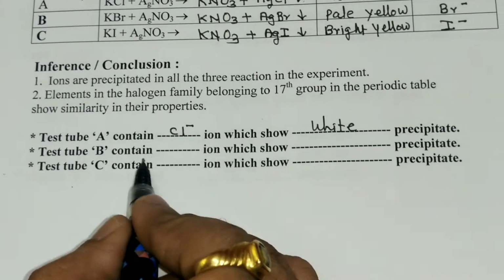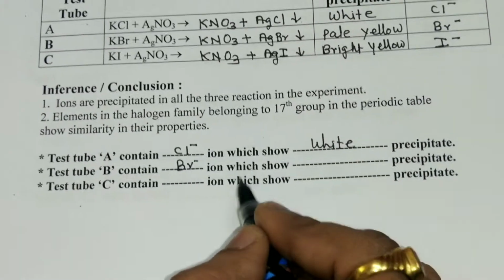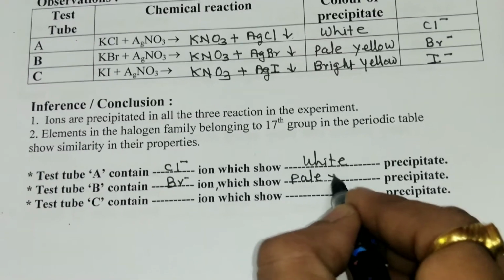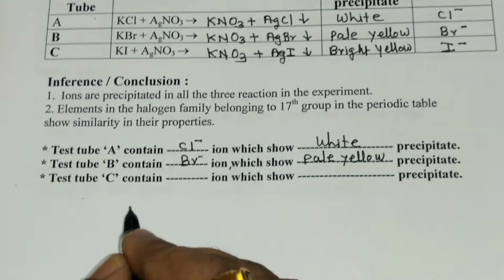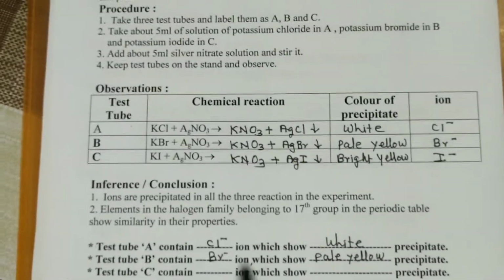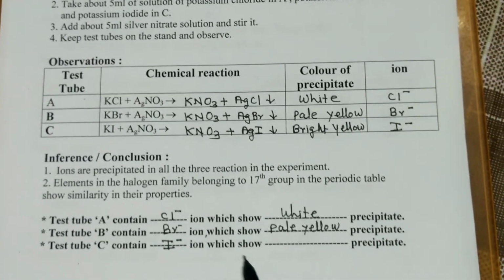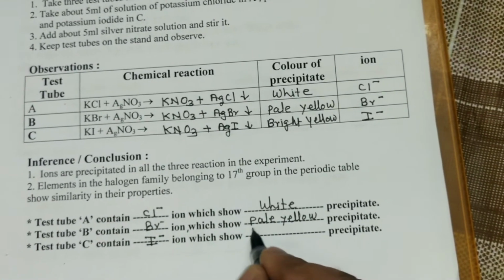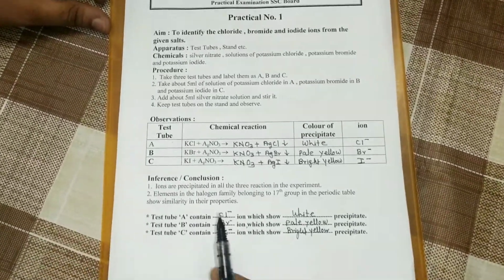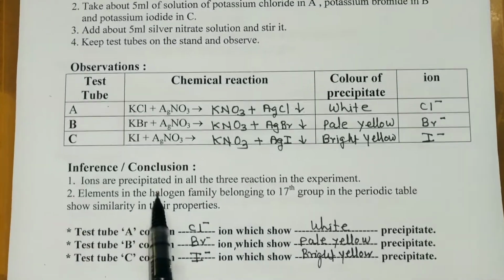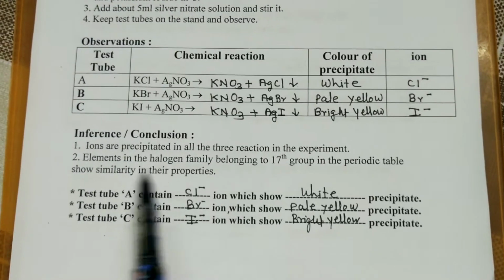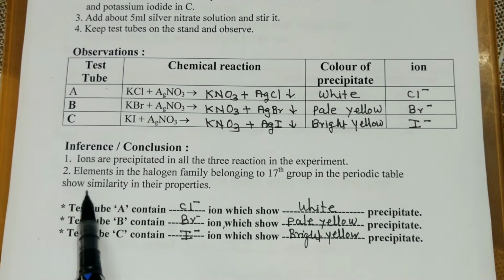Test tube B contains bromide ion which shows a pale yellow precipitate, and the solution in test tube C contains iodide ion which shows a bright yellow precipitate. Students, ions are precipitated in all three reactions in this experiment. This is our observation and conclusion.